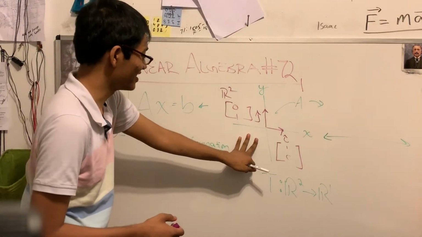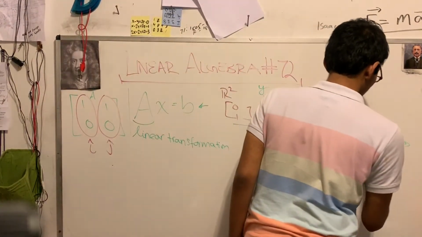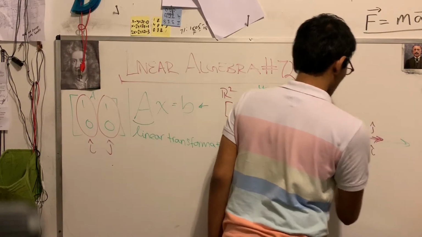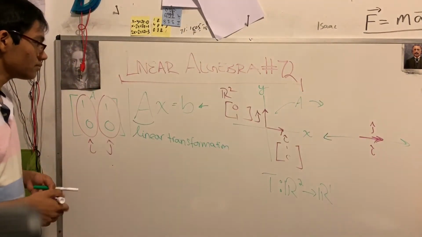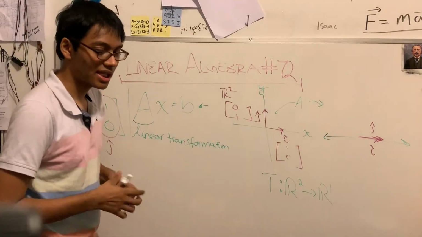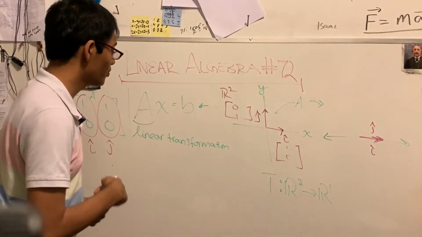So, sorry for that. i hat is just gonna be 1, 0. j hat is gonna be 1, 0. They're gonna lie on top of each other. But back to our original question: how do you test if Ax equals b has a solution?